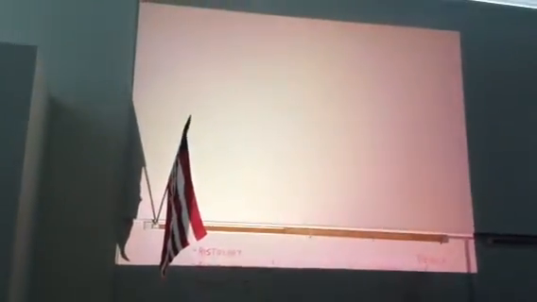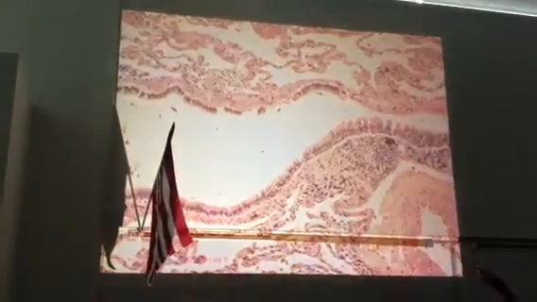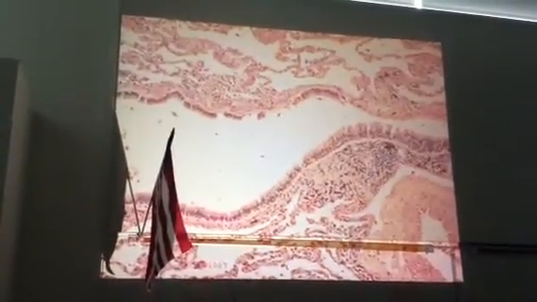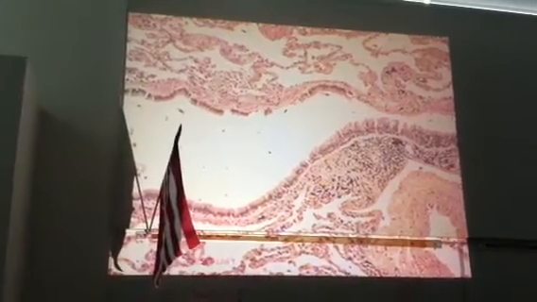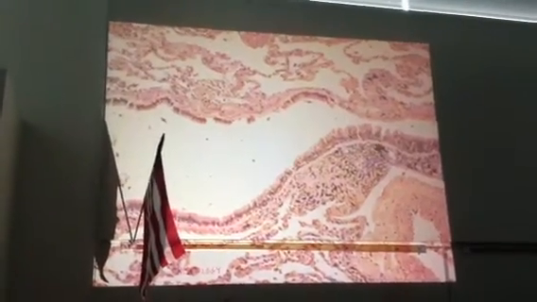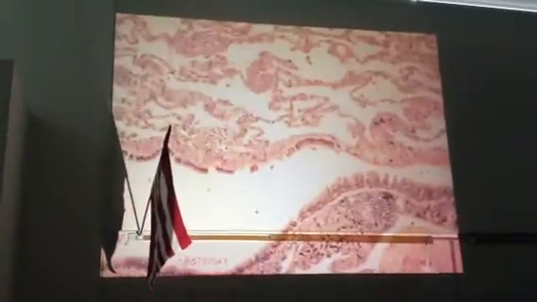When we look at this, pseudostratified ciliated columnar epithelium, and I could go all the way around, but I don't need to. There is no cartilage in the wall, so it's one of the last tubes before you go into the alveoli. And if we come over like this, that's the only bronchiole in this particular slide, by the way.